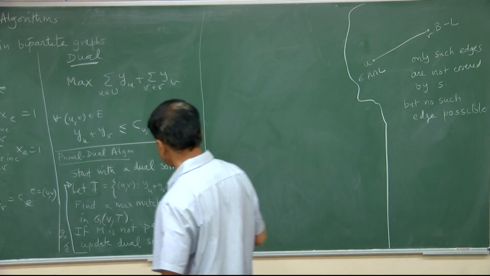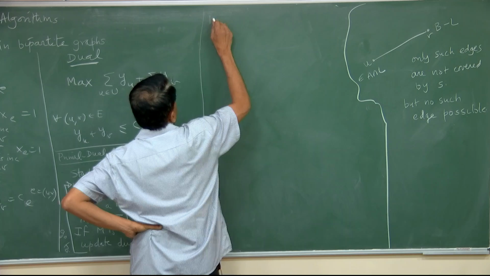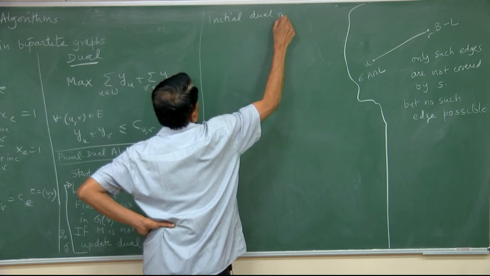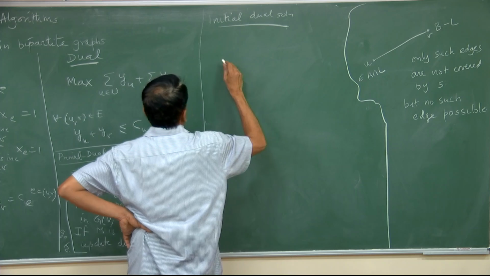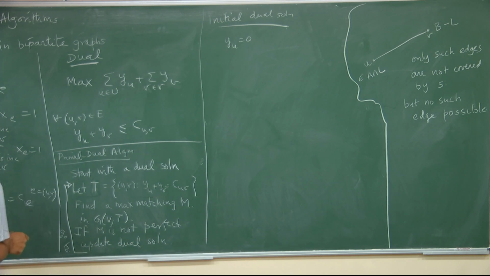So we'll start with the dual solution. What's the initial dual solution? You could put 0, if the costs are all non-negative.